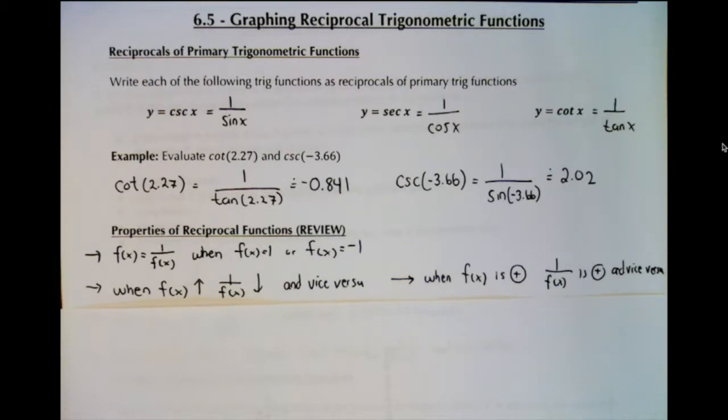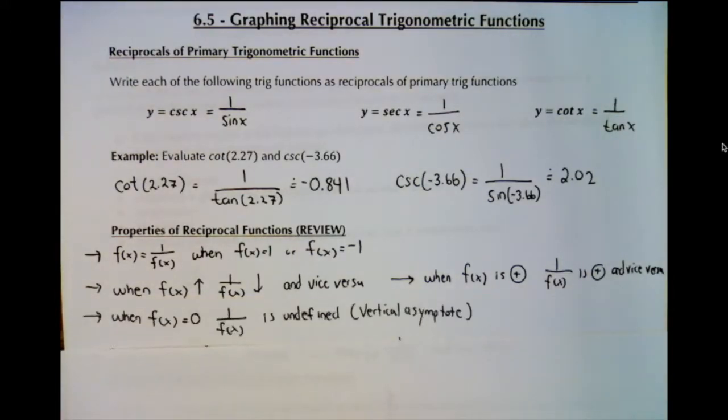When f of x is decreasing, the reciprocal should be increasing. When the original function is positive, the reciprocal should also be positive, because the reciprocal of a positive number is still positive. And when the original function is negative, the reciprocal should also be negative, because the reciprocal of a negative number is still a negative number. Like the reciprocal of negative 5 would be negative 1 over 5. Still negative.